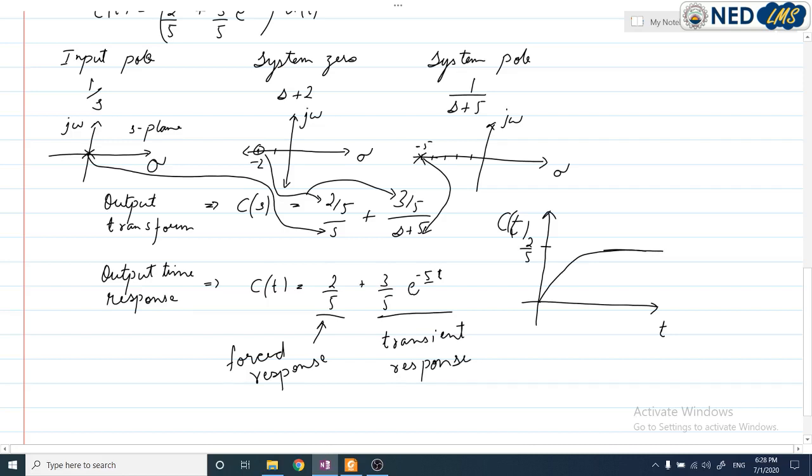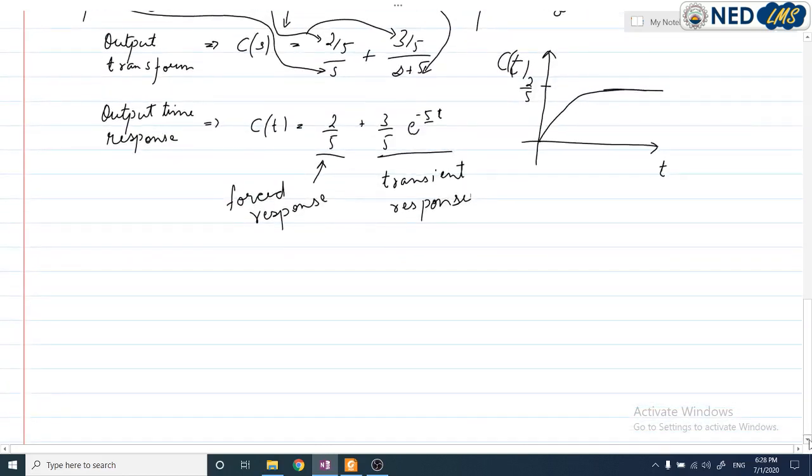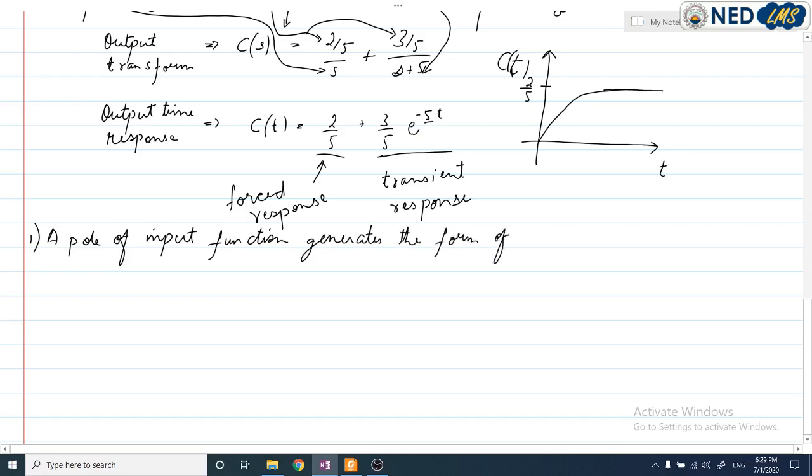So from the above discussion, we concluded that a pole of the input function generates the form of the forced response.